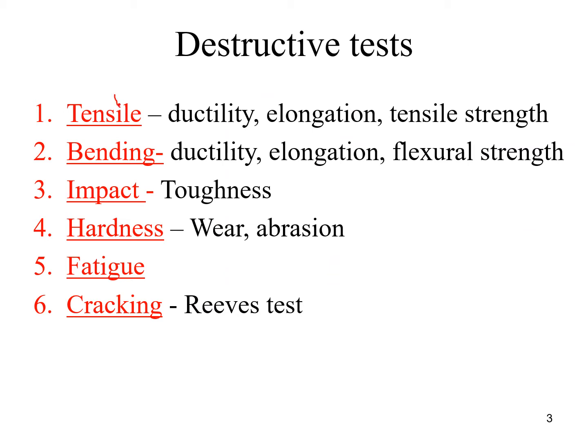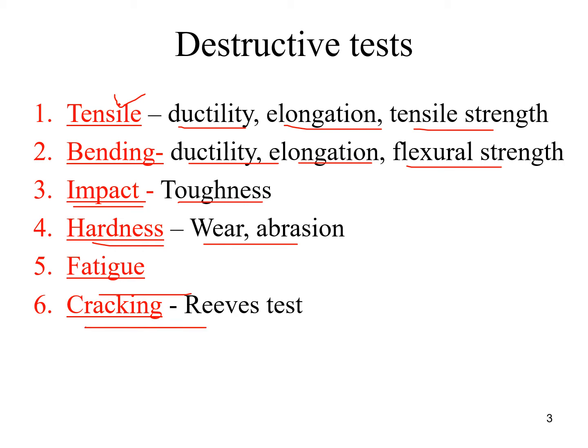Destructive tests, tensile: ductility, elongation, tensile strength, all this information you get from tensile test. Bending or flexural, you also get ductility, elongation, or rather flexural strength. Impact, toughness, hardness, wear, abrasion, fatigue, and cracking, also called Reeves test.